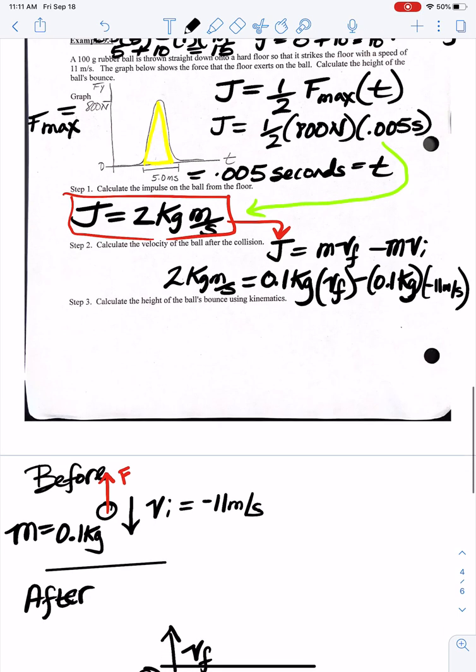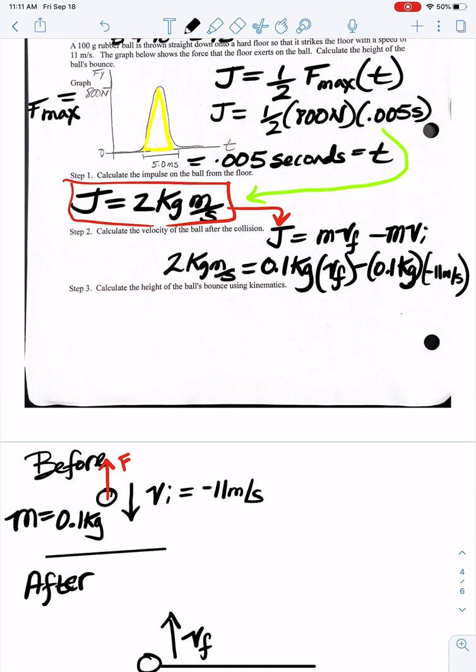All right, so we do a little math there. We get 2 kg meters per second equals 0.1 kg times VF minus, this would just be 1.1.